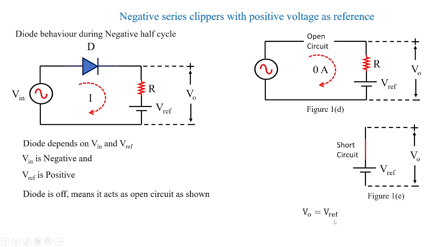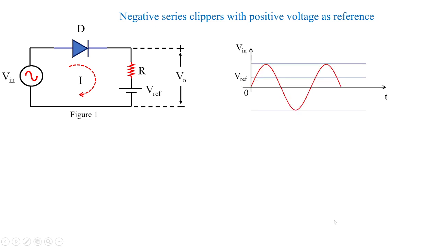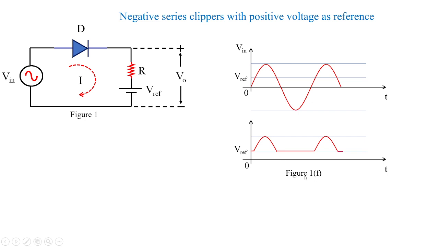In order to understand this, you can see here we have taken a sinusoidal input signal in this fashion, where we have also taken a reference voltage like this. Then you can see how the output voltage is obtained. Only the positive peak is obtained in this fashion. The negative peak is clipped off. And when you compare this voltage with the input voltage, the waveform shape is also changed.